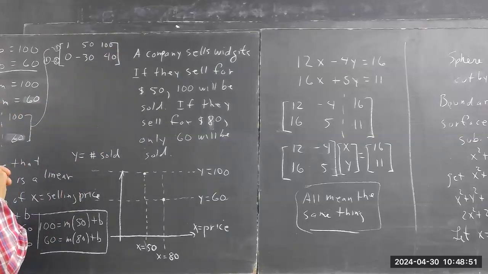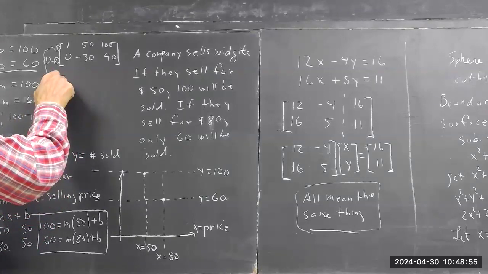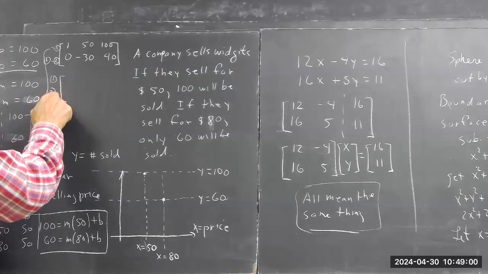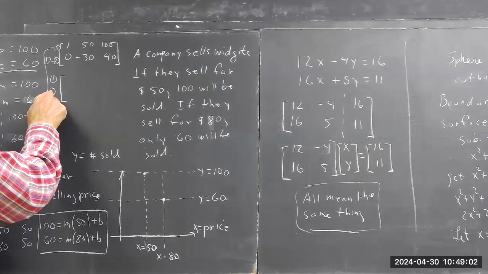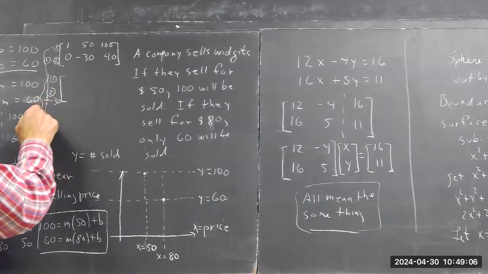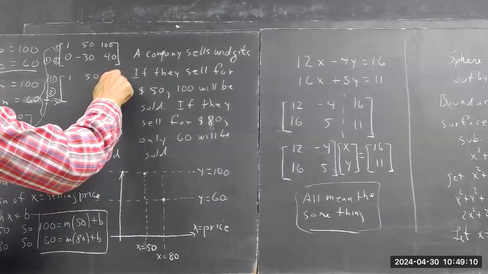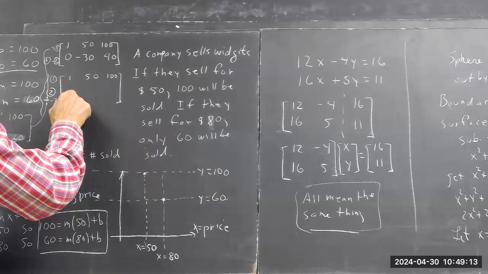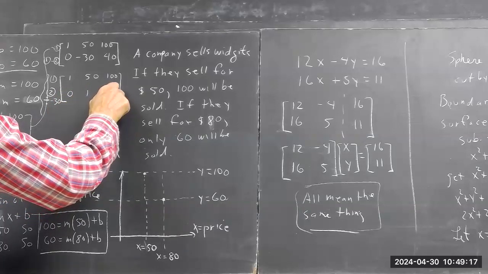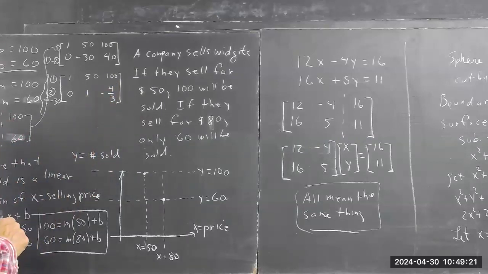That's right. Then I write down row 1, and row 2 divided by negative 30. I get 1, 50, 100 for row 1, and row 2 is 0, 1, negative 4/3.